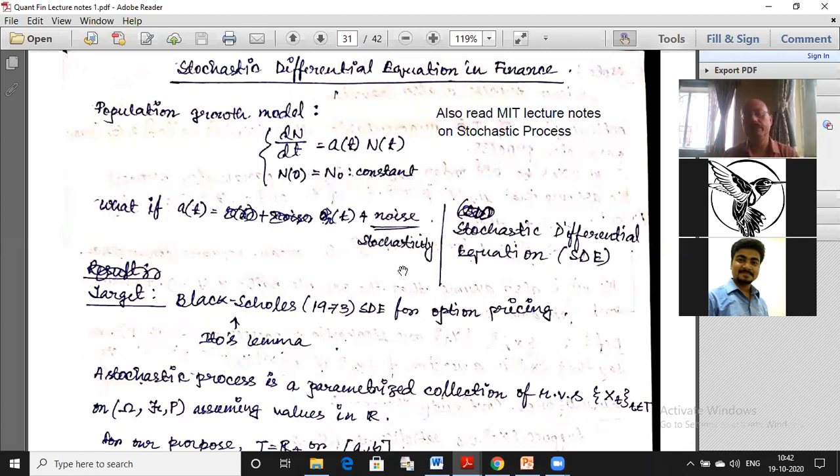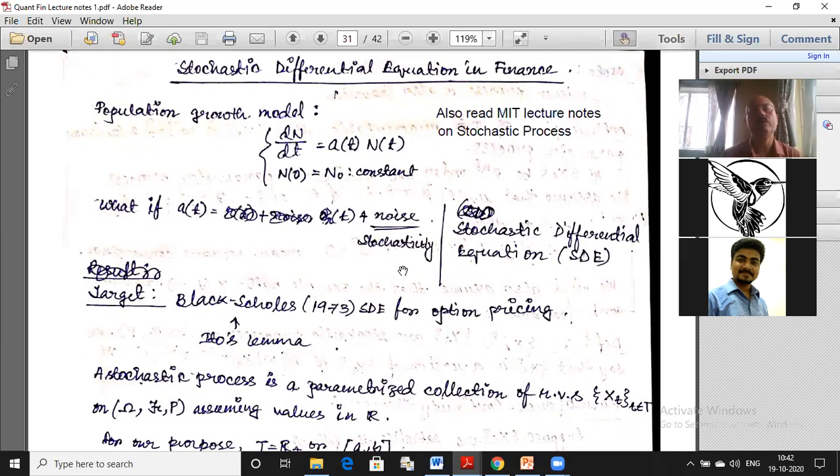So there are two steps here. The first step is a general step, applying some mathematical tools for a variety of issues. And the second step is more specific, where our issue is in particular financial contract pricing or derivative pricing.